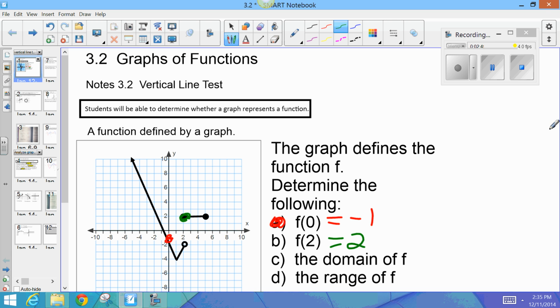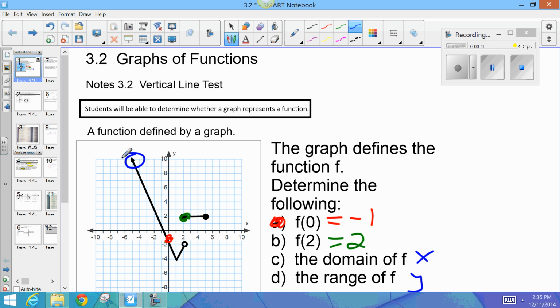All right, the domain. What we're going to do is look at all of the x-coordinates that lie on this graph, and for the range we want to look at the y-coordinates. I'm going to start from the left. This arrow on the left that indicates it continues forever tells me that the graph is continuing all the way to the left to -infinity.